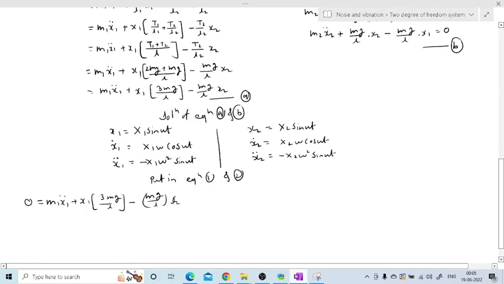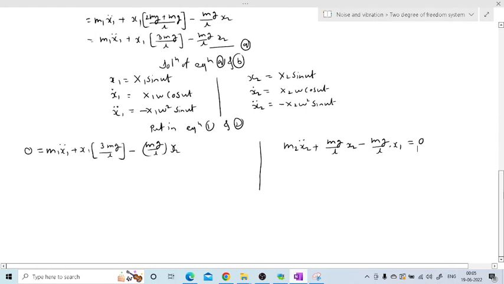So this is the equation 1. And equation 2 is m2 x2 double dot plus mg by L into x2 minus mg by L into x1 is equal to 0. Okay, so I have written both the differential equations in the half part.